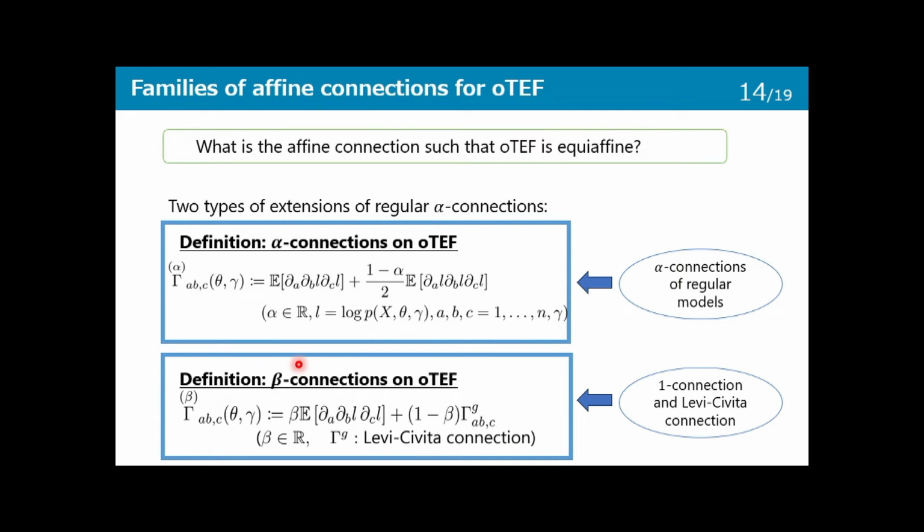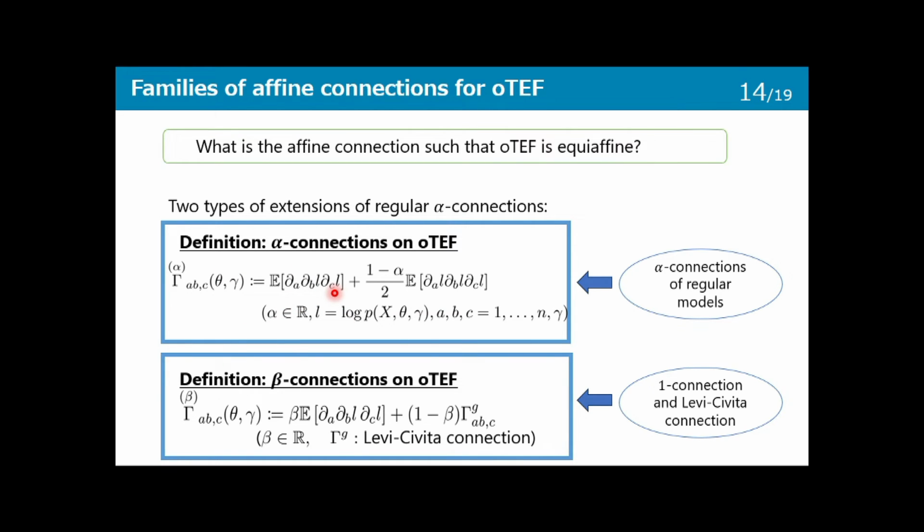Okay, now let us return to constructing equiaffine connections on an OTF. Here I propose two families of affine connections. First, alpha connections is a family of affine connections defined by this formula.